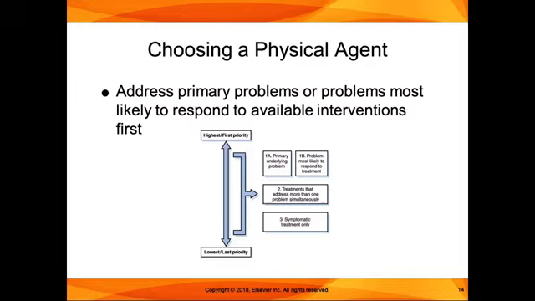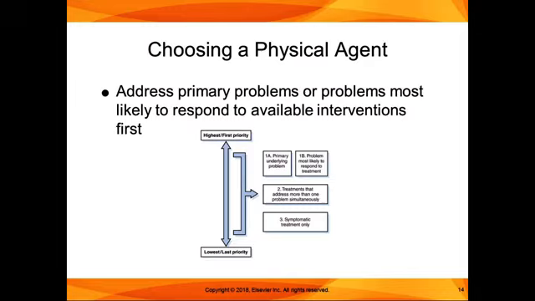So if somebody has a primary problem or a problem that's likely to respond to treatment, that's a priority for using a physical agent. If you have treatments that address more than one problem simultaneously, that is another thing, like you're using something in combination that's going to have a positive effect on your patient. That's a consideration for using a physical agent.